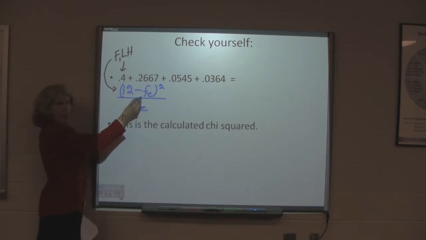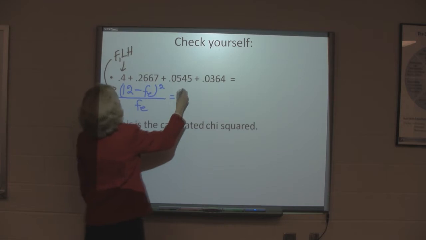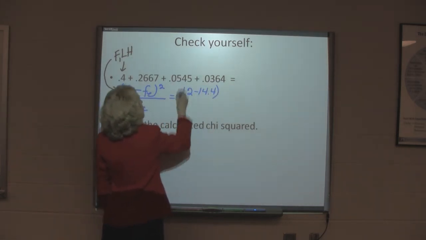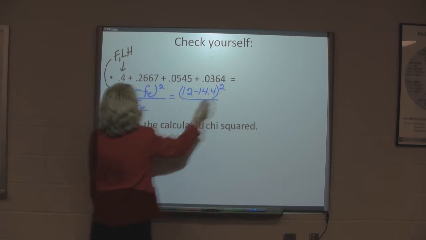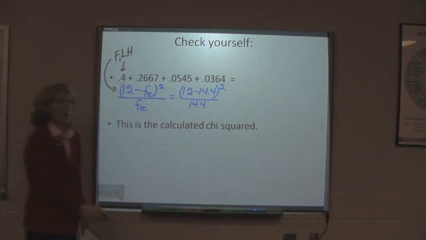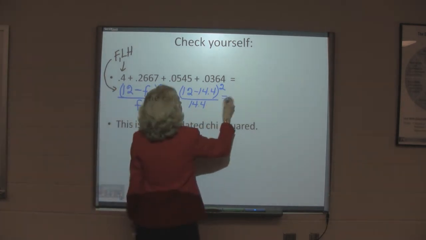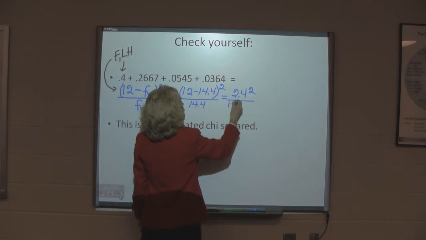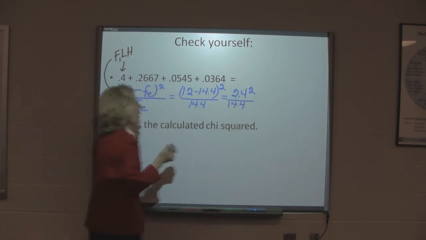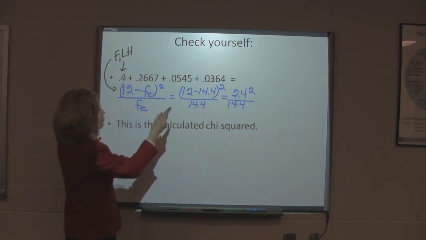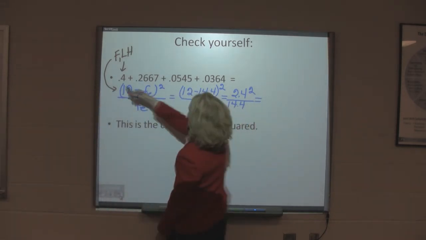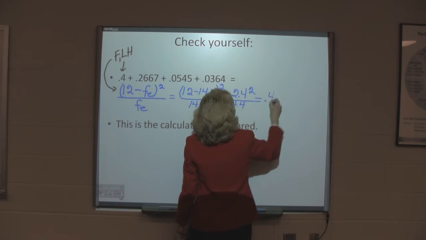The expected is 14.4. So 12 minus 14.4 squared over 14.4. So that is going to be 2.4 squared over 14.4. And you can see that's about 4 or 5 on the numerator divided by 14.4. And that comes out to be 0.40.